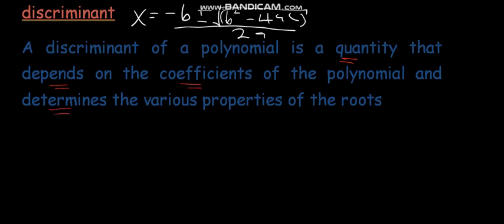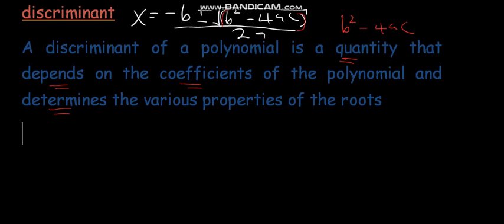Now they are telling us that it is a quantity. So we come here. This is the discriminant we are talking about: it is the quantity b squared minus 4ac, which depends on the coefficients.